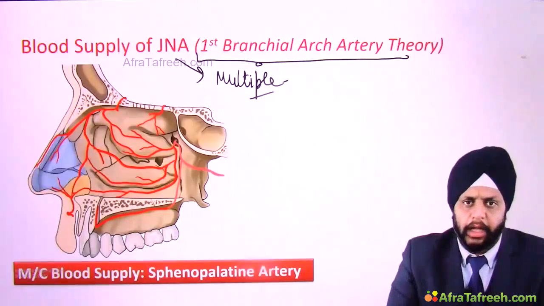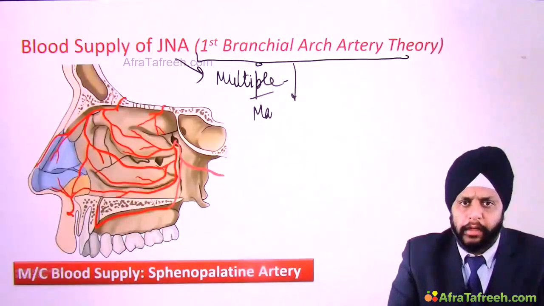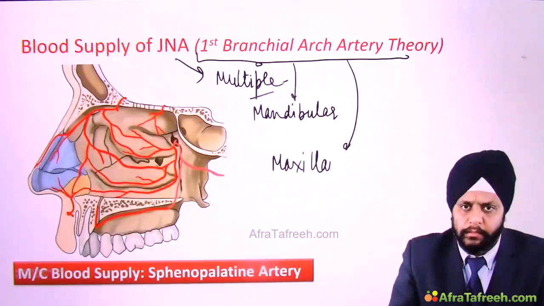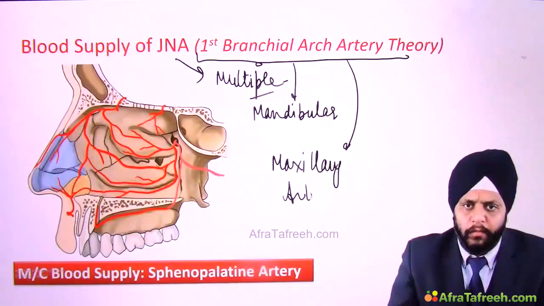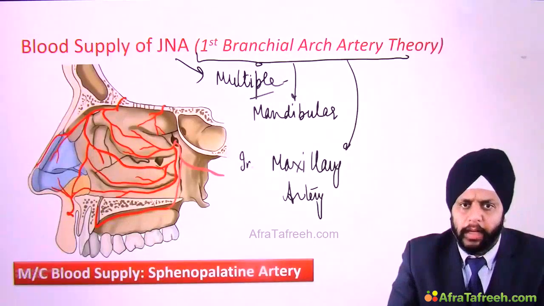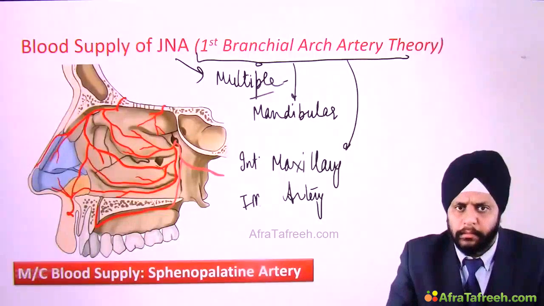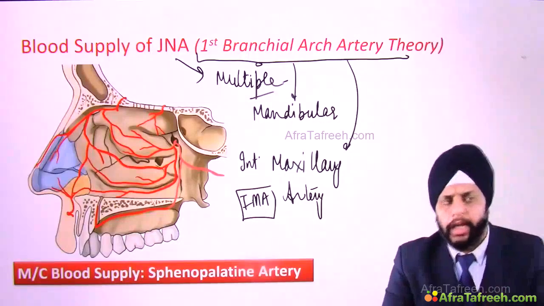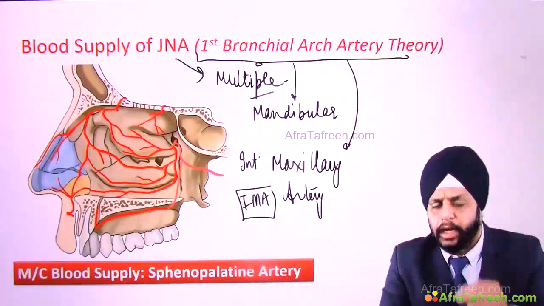Which is the first branchial arch? The first branchial arch is the mandibular arch. And what is the artery for the first arch? The artery is the maxillary artery. Okay, or we also know it as internal maxillary artery, IMA. Right? Okay, now that means the most accepted theory is JNA is rising from the maxillary artery.